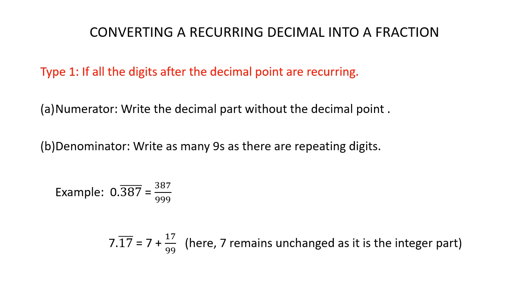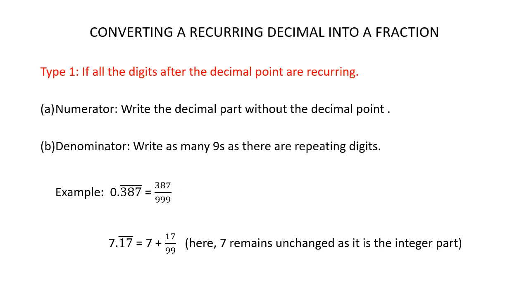Let's understand this with an example. 0.387, here the digits 387 are recurring because a line is placed over this group of digits. So for the numerator, write the decimal part without the decimal point. So 387 is written as the numerator.